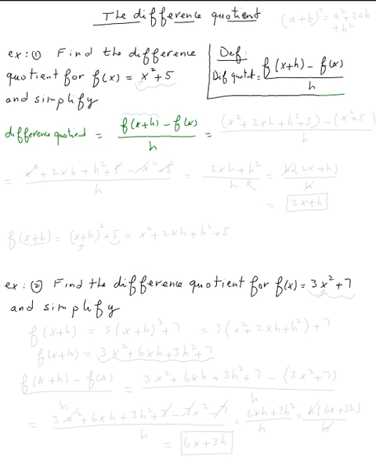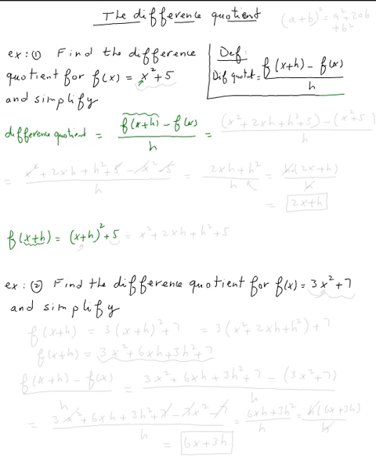Now first we need to do f of x plus h, so let's do it right here on the side. What does it mean, f of x plus h? We're doing f of this number, x plus h, so we need to plug x plus h into x, right, into our function. So this becomes x plus h squared plus 5.